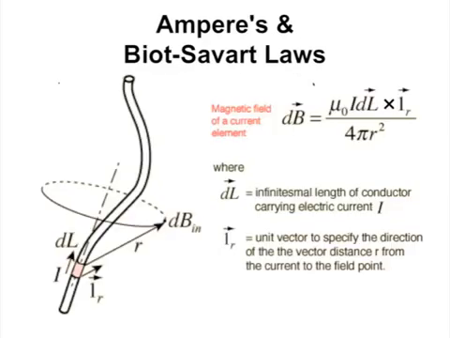Now, these eddy currents, the inductance principles, come from the basic laws of electromagnetics, and part of those are Ampere's and the Biot-Savart laws. So how does a current induce a magnetic field?